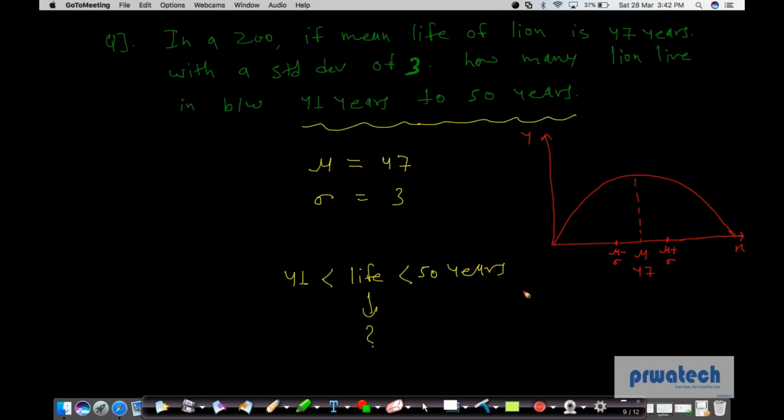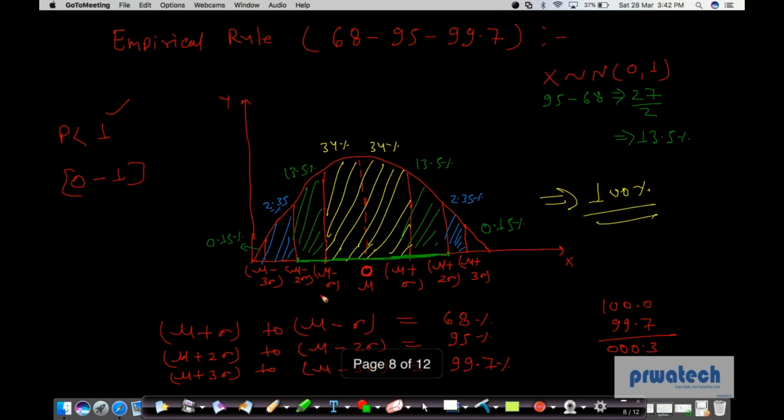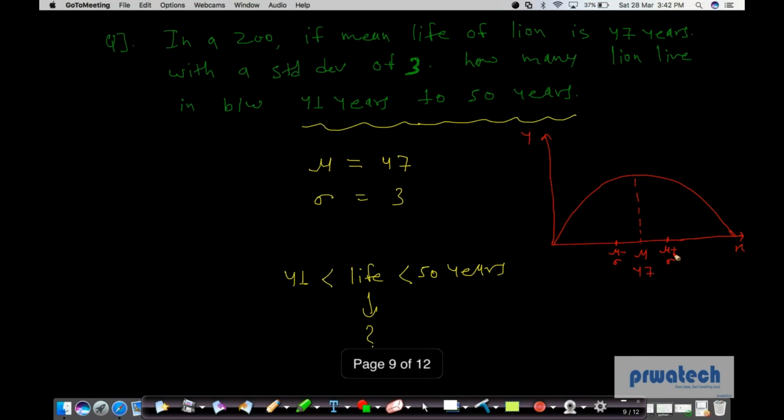And we say that this area is how much? 68%. We have seen that the first area, one standard deviation above and below, is 68%. So we know the mean. If I add 47 plus 3, how much value will we get here? 50. This point is 50.